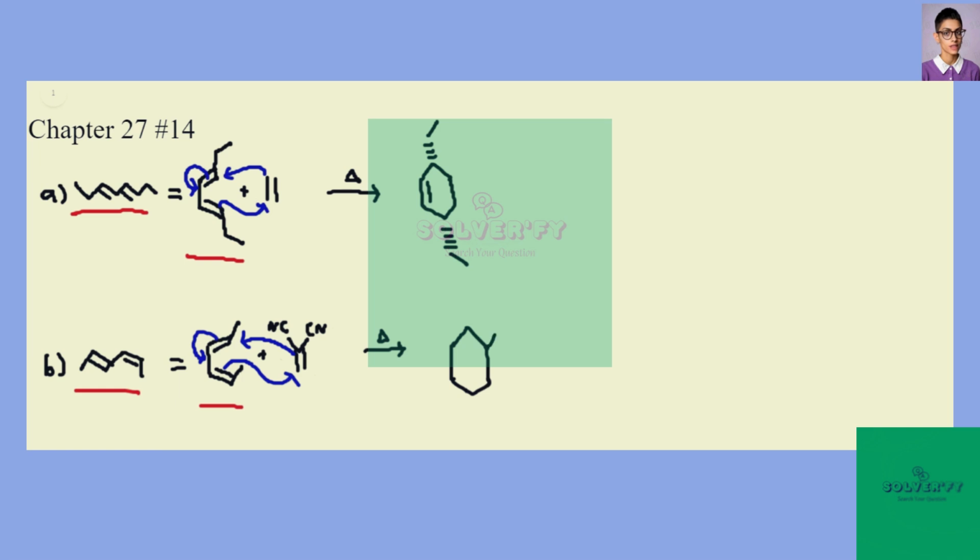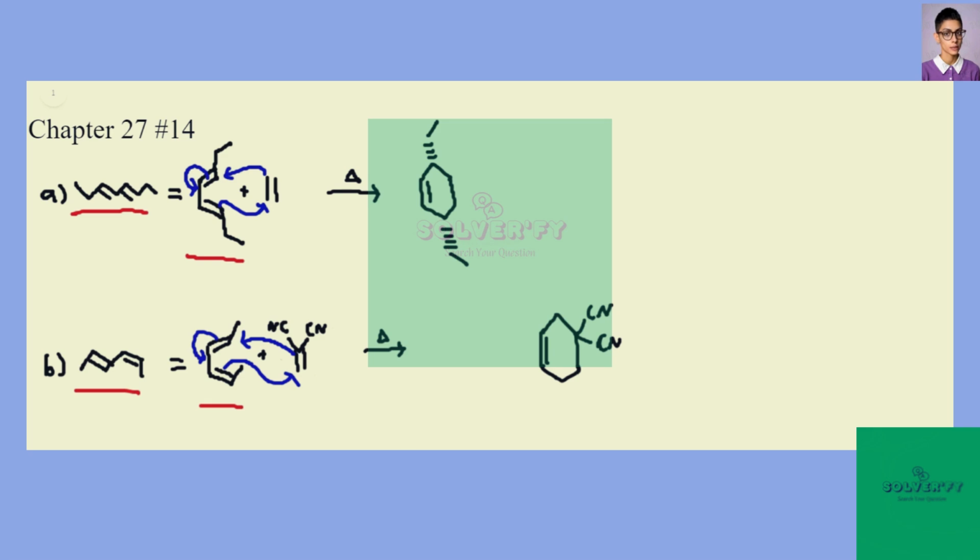We will have two nitriles here from the dienophile. In the starting material, we will have that double bond that is in the product. I'm just going to move this over a little so it's not so crowded.